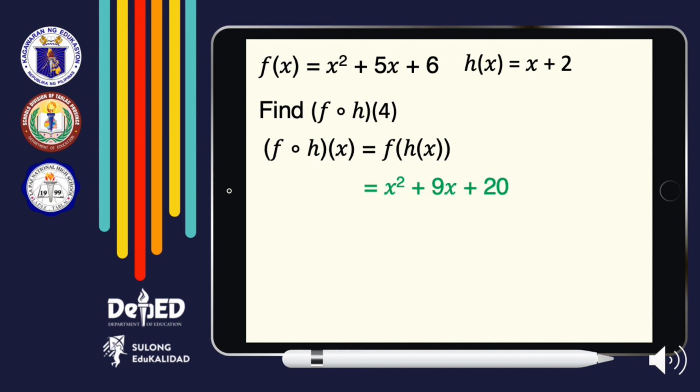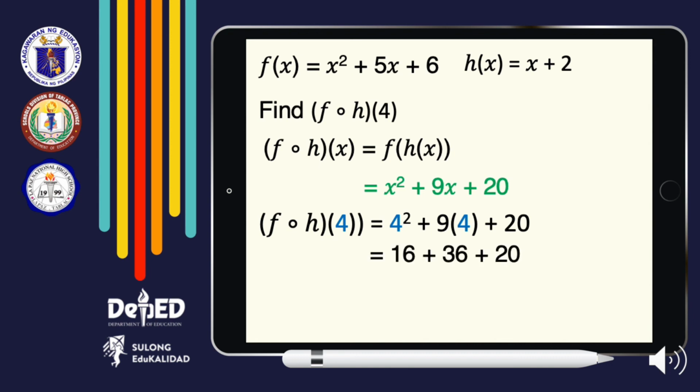So we have x squared plus 9x plus 20. Next is, let's replace all x's by 4. So f of h of 4 is 4 squared plus 9 times 4 plus 20. Now 4 squared is 16. 9 times 4 is 36. So 16 plus 36 plus 20 is 72.